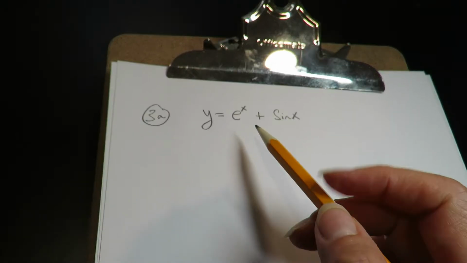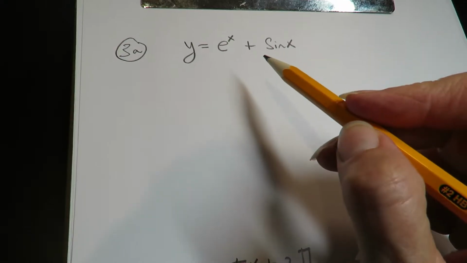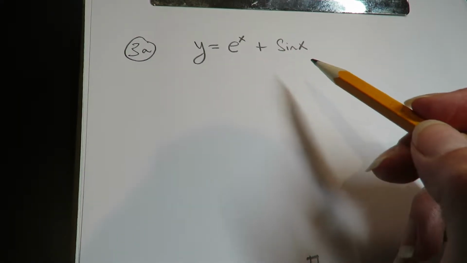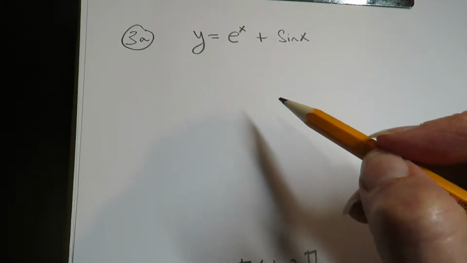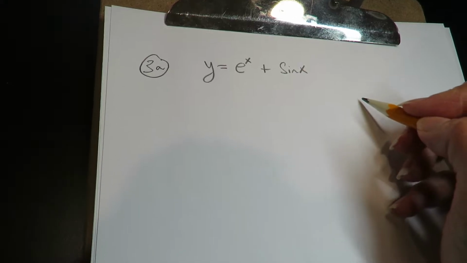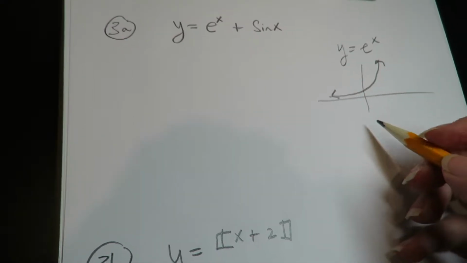For 3A, I mentioned in lecture that the sum and difference of continuous functions is a continuous function. So if you take e to the x, that is a continuous function.